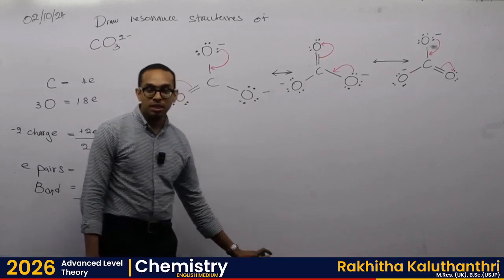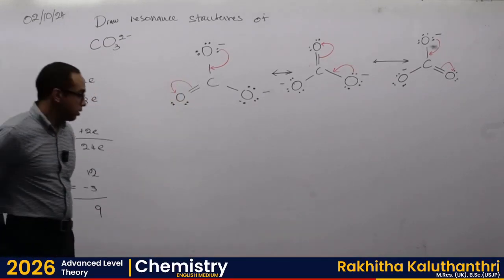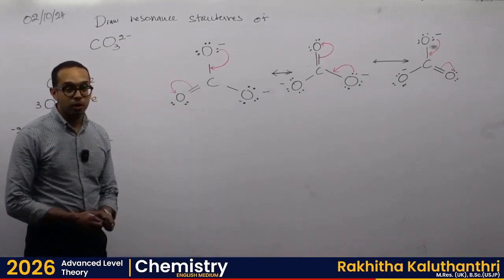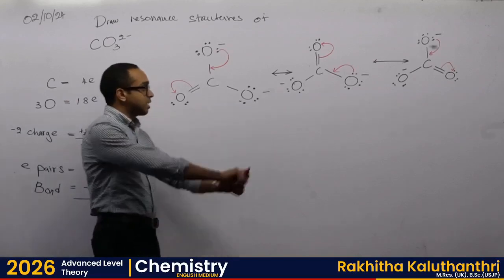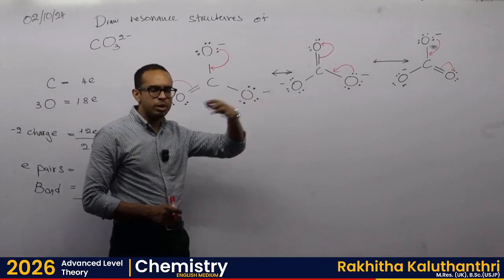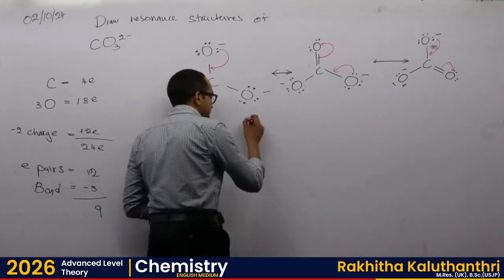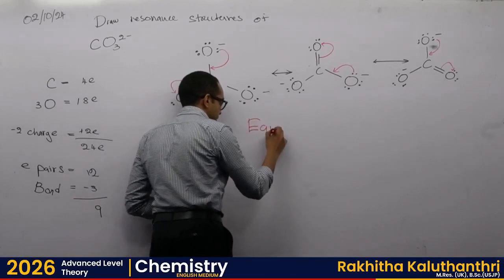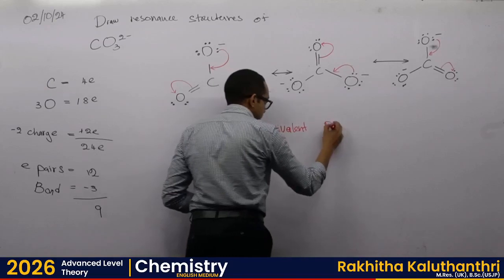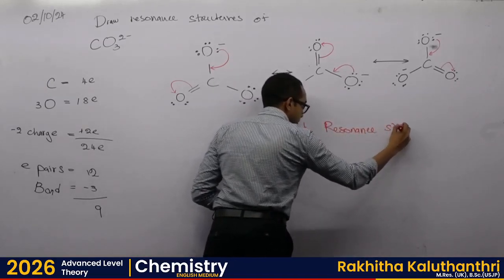Now, are you clear with the resonance structures? Right. So, all of you have taken it down, right? So, these resonance structures, do you see? They are equal to one another. They are very similar to one another, right? So, these are called equivalent resonance structures.